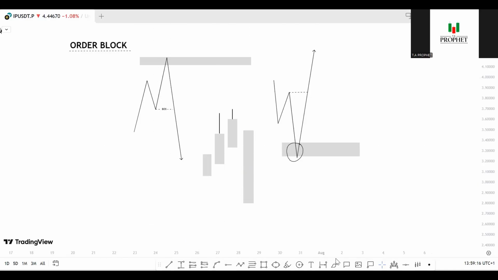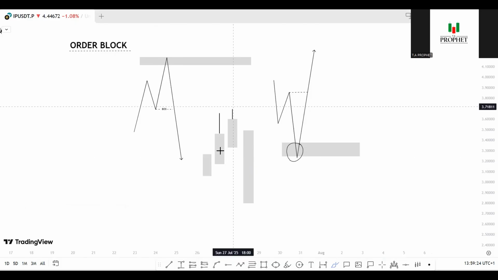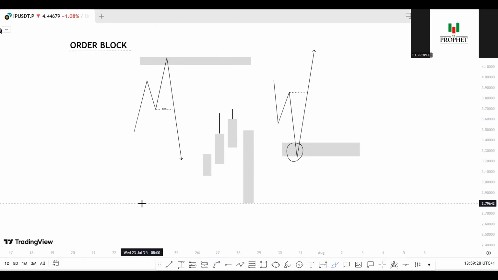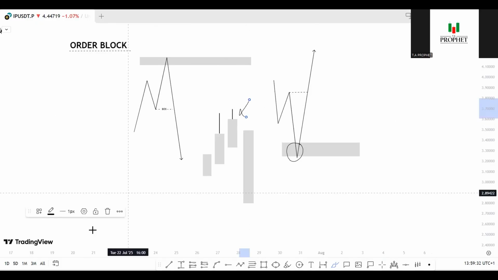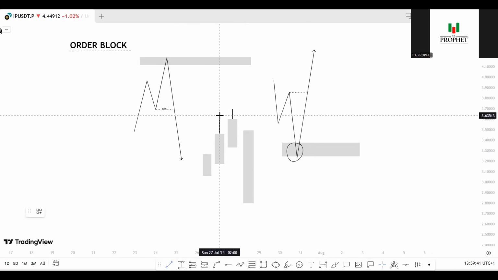So if this is the order block candle we're looking at, this last candle here must sweep this candle high. Do you understand? The candle we're looking at as an order block must sweep the previous candle high. That is number two. Do you understand what I mean? So if this is the candle, this is the previous candle high.